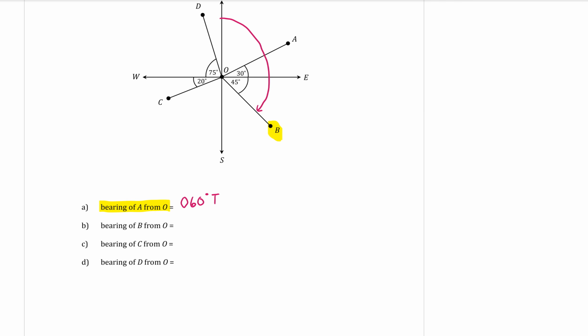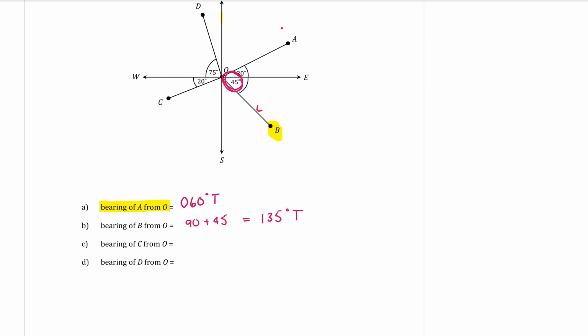From the north around to the east, there's 90 degrees. Then we need to add on this extra little part here, which we're told is 45. So it's going to be 90 plus the 45, which is going to be 135 degrees T.